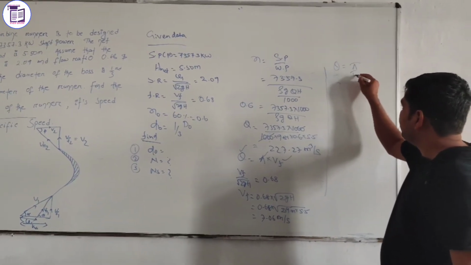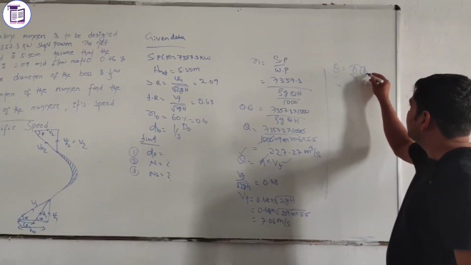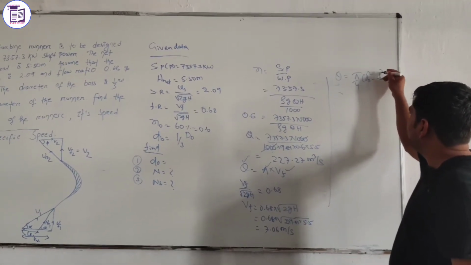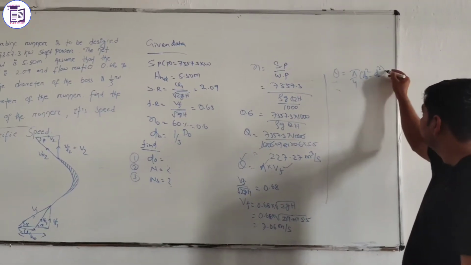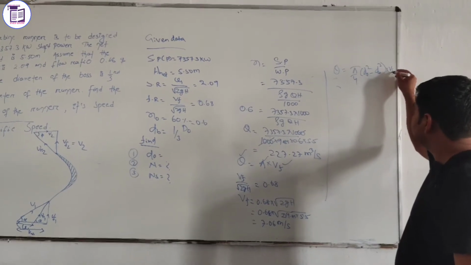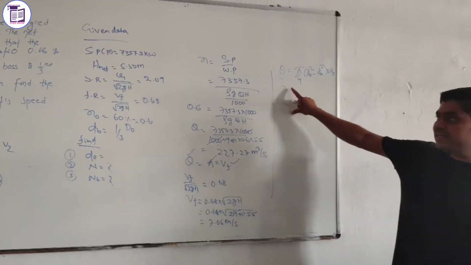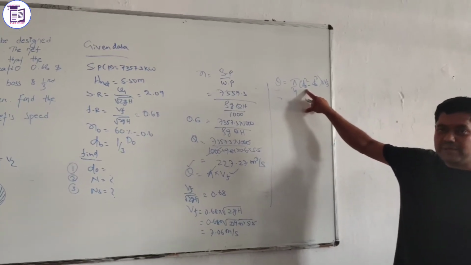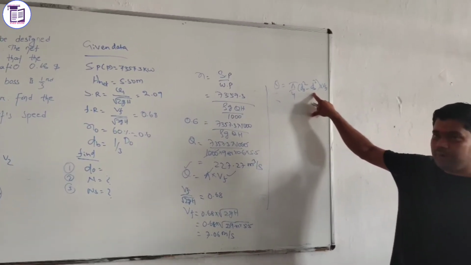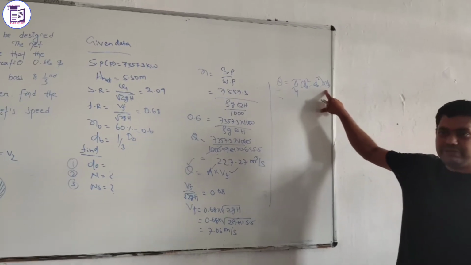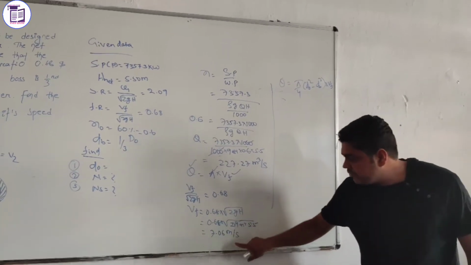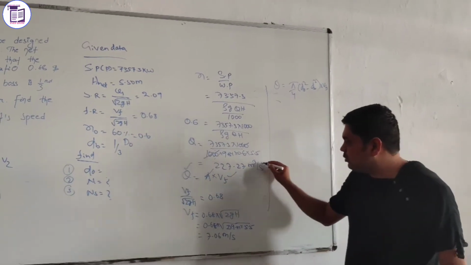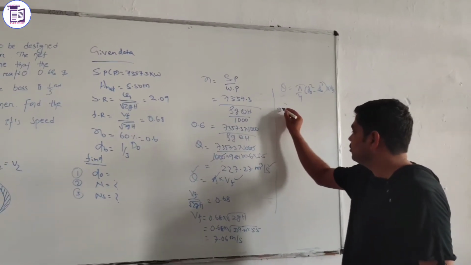Area is equal to pi by 4 into outer diameter square minus hub diameter square, into flow velocity. Your formula is area into velocity, where area is pi by 4, DO means outer diameter square minus hub diameter square, into Vf, that is the flow velocity. Now put the value here, and discharge you already found, 227.27 meter cube.